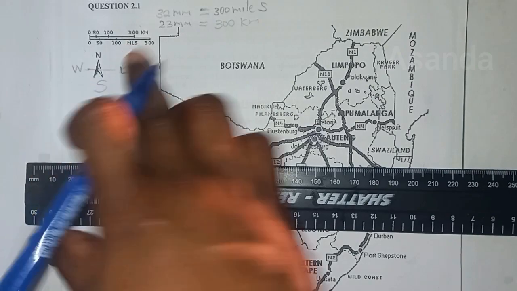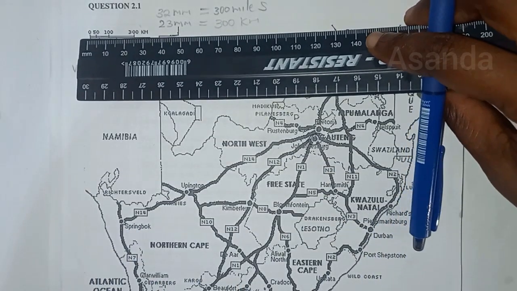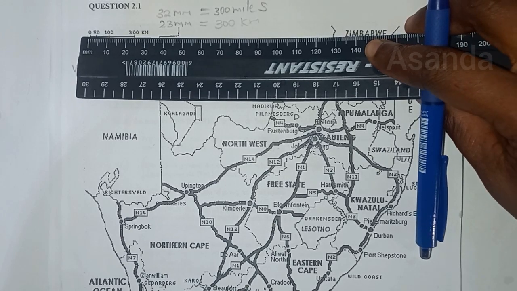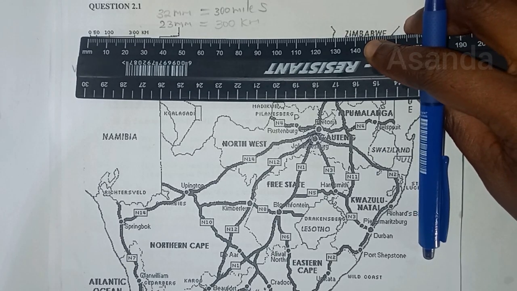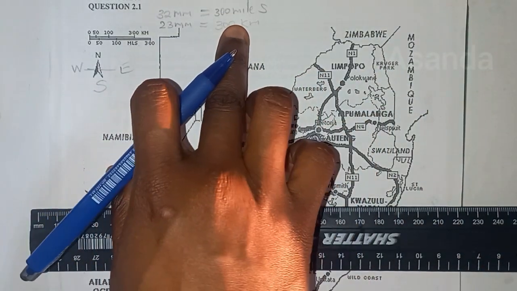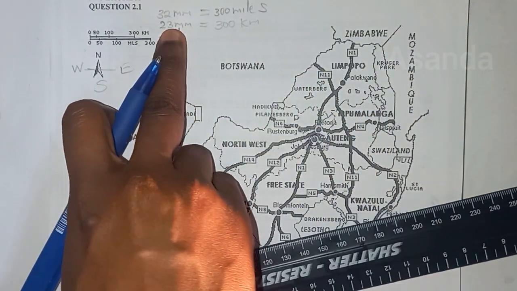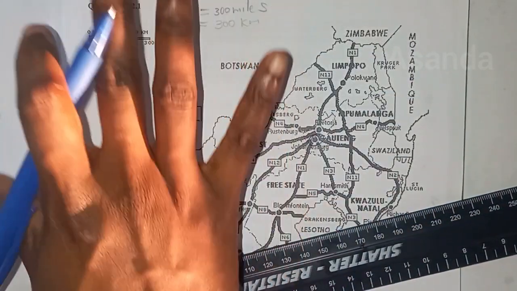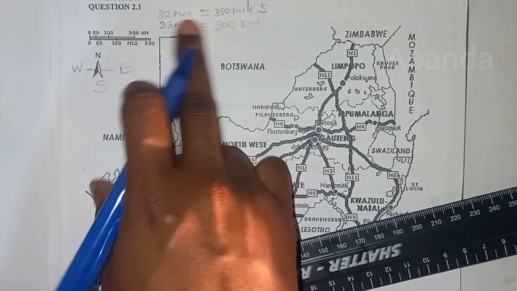It says miles there. And then 23 millimeters, or 2,3 centimeters, you get 300 kilometers in real life. So this measurement is for the plan, and that one is for real life, and you have your scale. The lovely thing about a bar scale is you can use it like this.